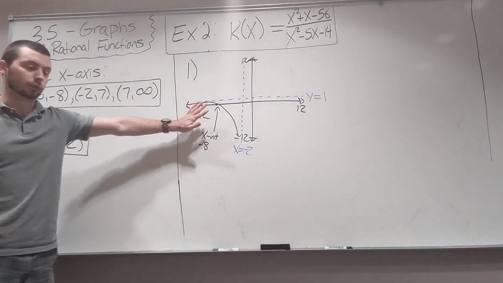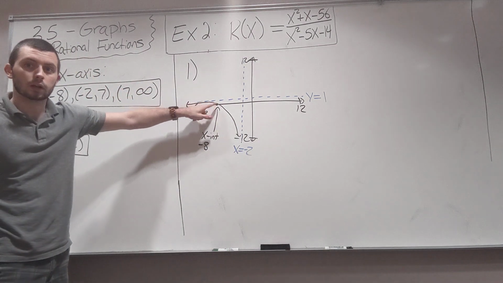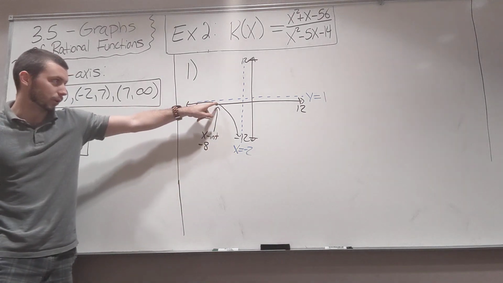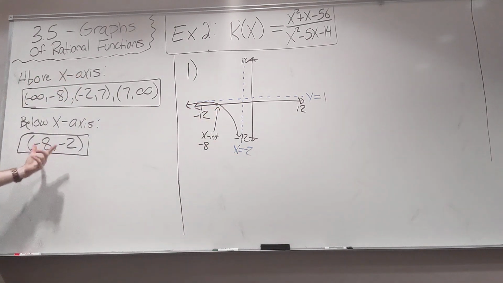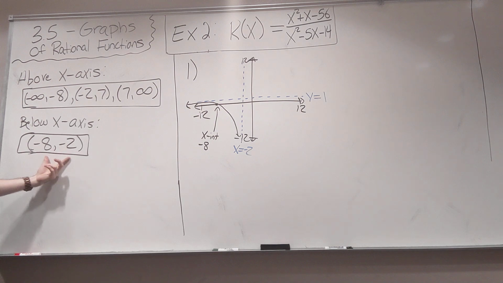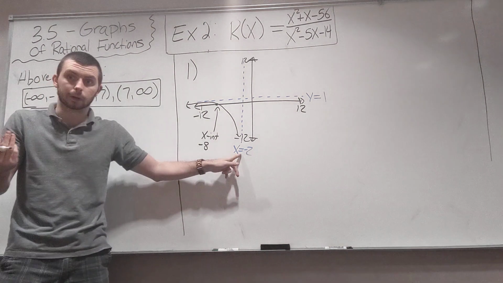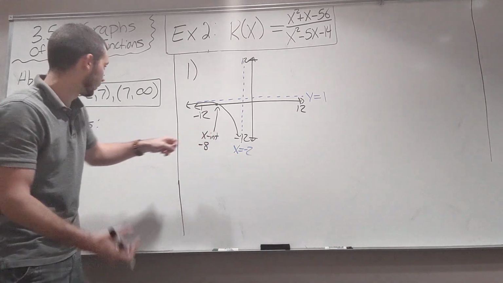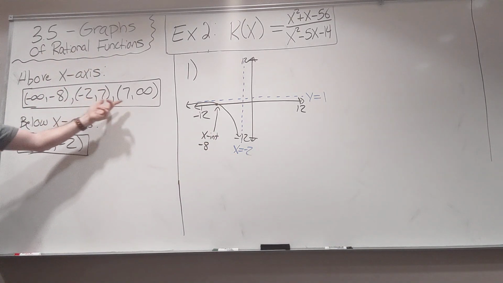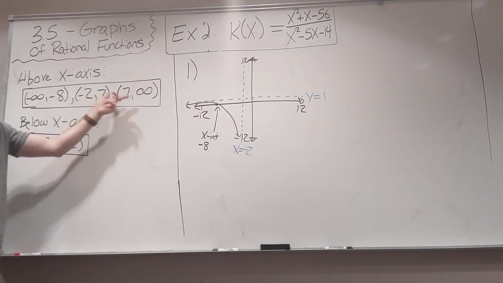And that's what describes that, because once it hits the x-intercept, then that's when it goes below the x-axis, which is, okay, we have a characterization for that. And it goes all the way to negative 2, which is what our asymptote represents. And then it goes on to be above the x-axis here and here.